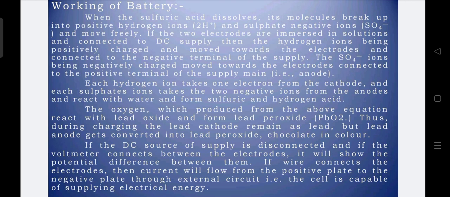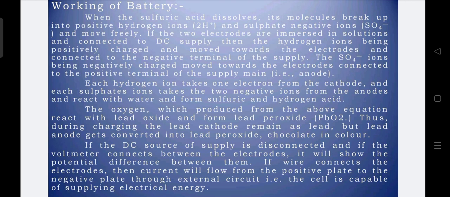The oxygen produced from the above equation reacts with lead oxide and forms lead peroxide, PbO2. Thus during charging the lead cathode remains as lead, but the lead anode gets converted into lead peroxide, chocolate in color.